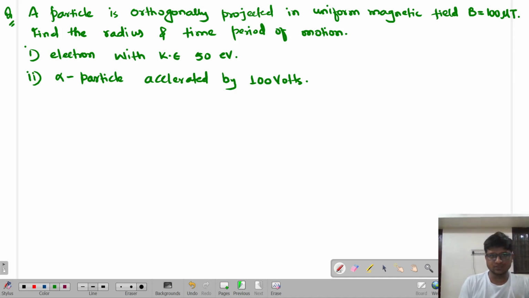Yeah, you have to do the question for alpha particle and you have to do the question for electron. Yes, you'll have to convert. We can think of a trick, but first try to do by conversion.